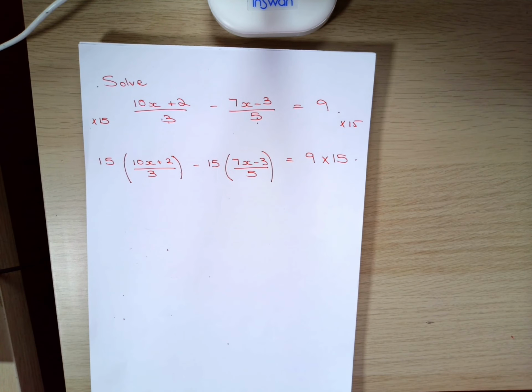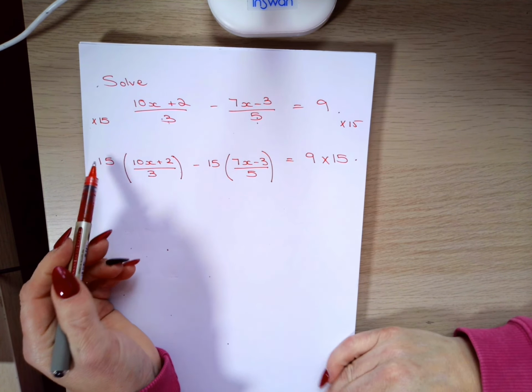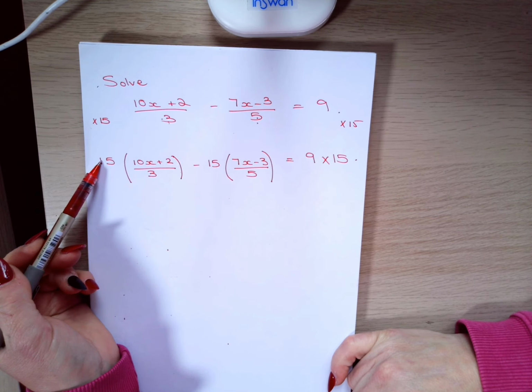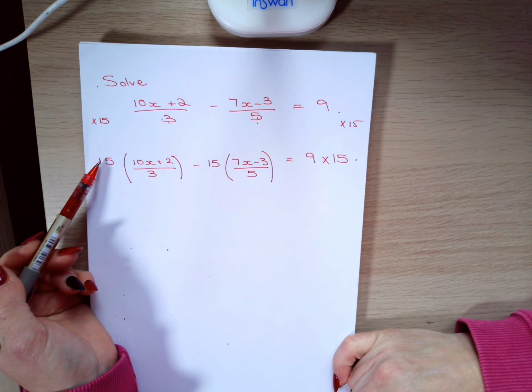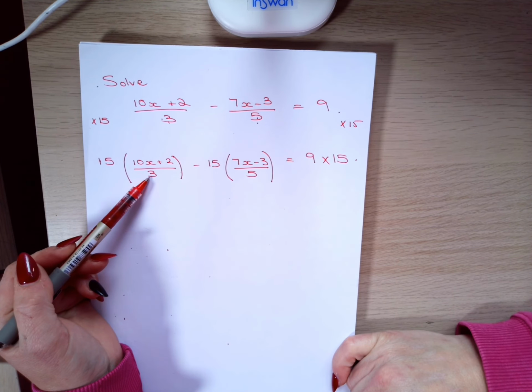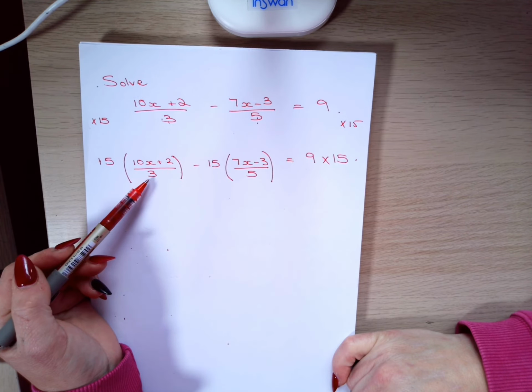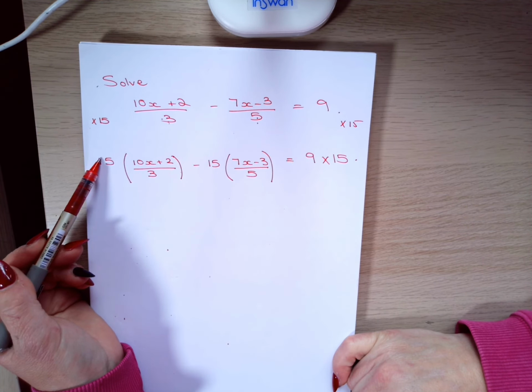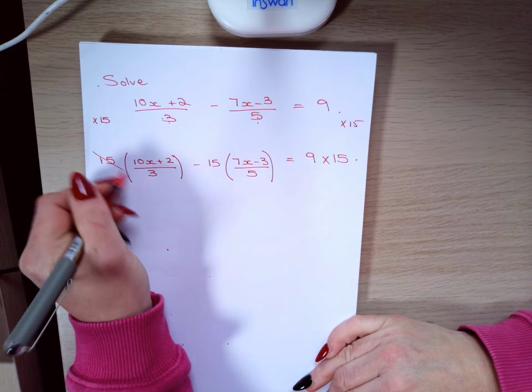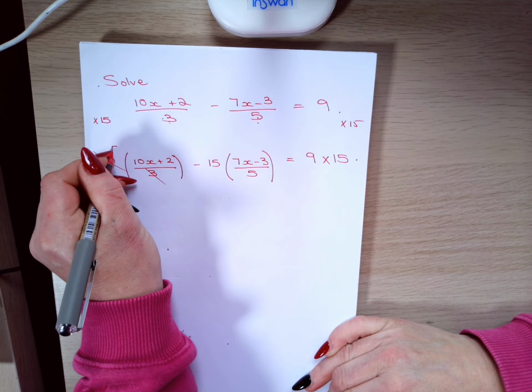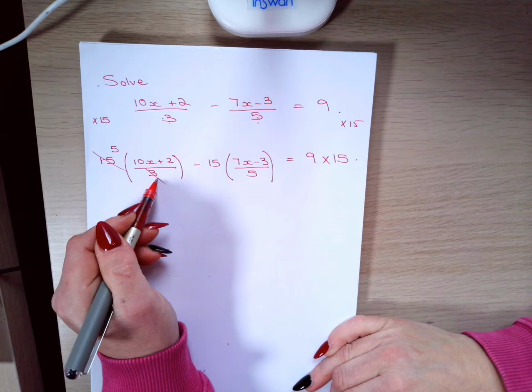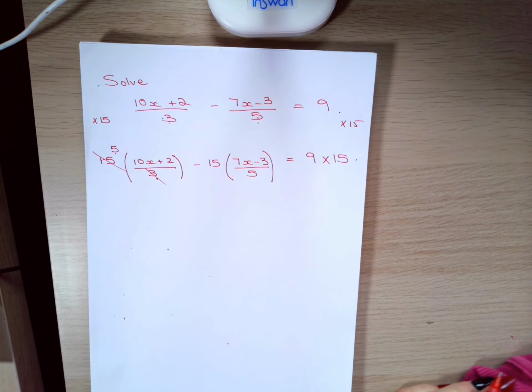I'm just splitting each term out, each part of the fraction, just so you can see how it works. Now, when you're multiplying something by 15 and then dividing by 3, what's the end effect? In theory, you can just cancel those out and make that 5, because 15 divided by 3 is 5.